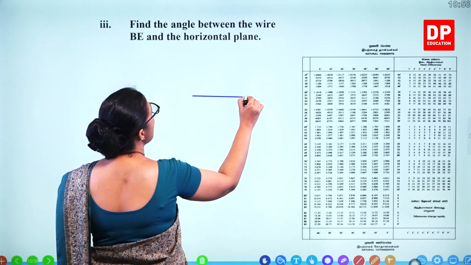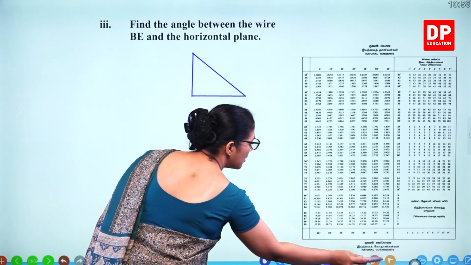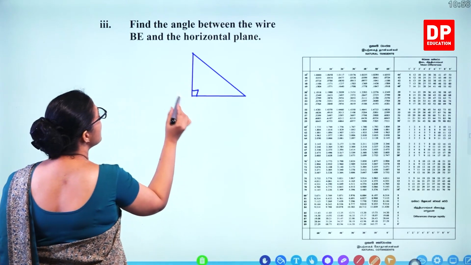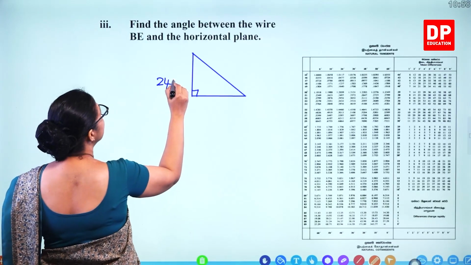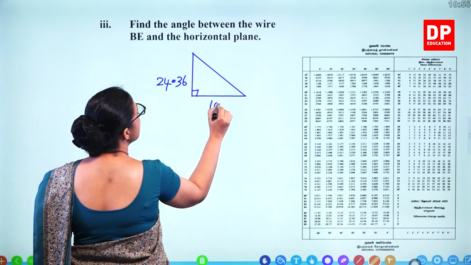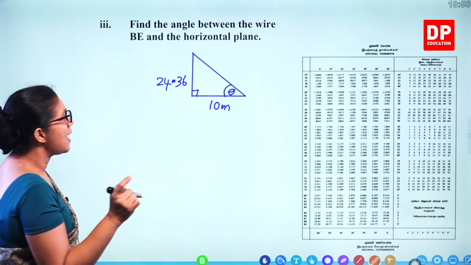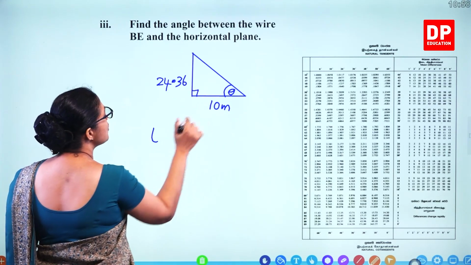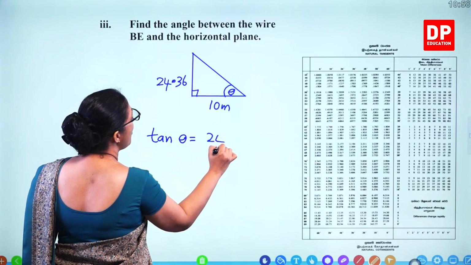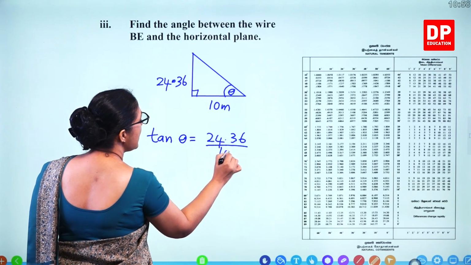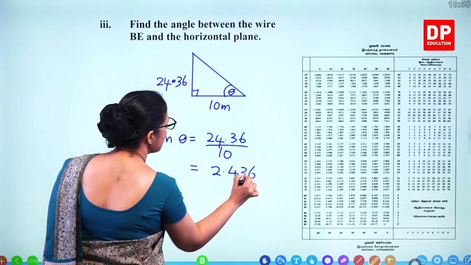So when you take the diagram like this, this is 90 degrees, you get 24.36, and this is 10. And you can find out the angle. Now you can use the tan ratio, opposite and adjacent. Tan theta equals 24.36 divided by 10, you get 2.436.